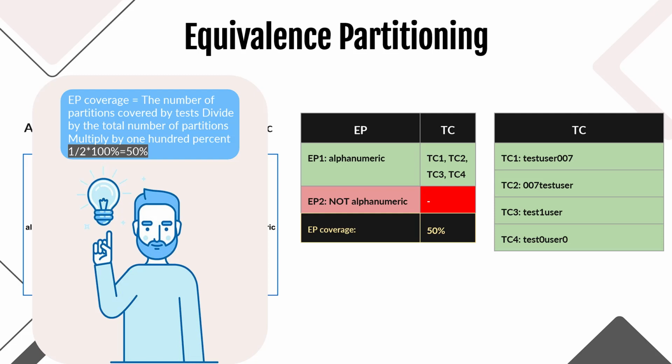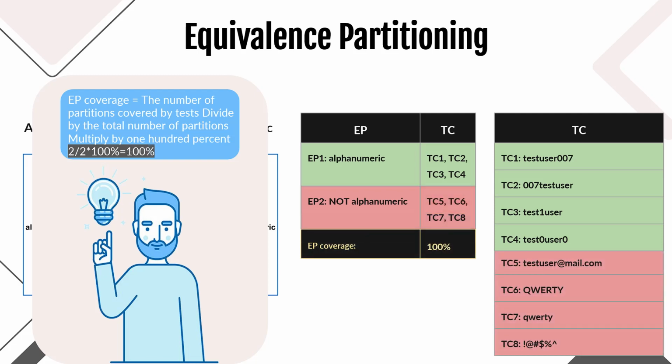To achieve 100% coverage with this technique, test cases must exercise all identified partitions, including invalid partitions, by covering each partition at least once. And even if we wrote several tests for invalid partitions, the test coverage would be at the level of 100%, because equivalence partitioning is a simple technique and requires only one test case per partition.